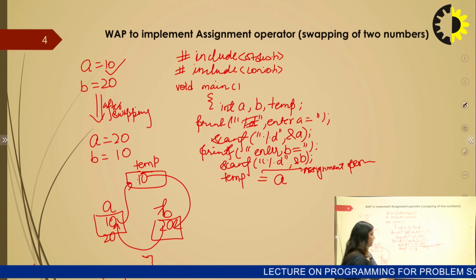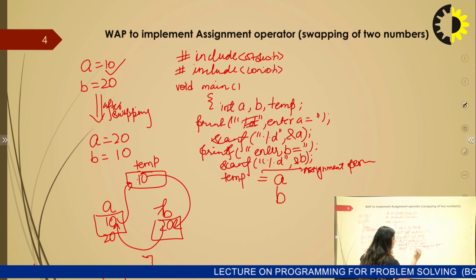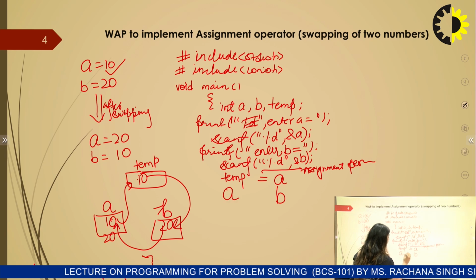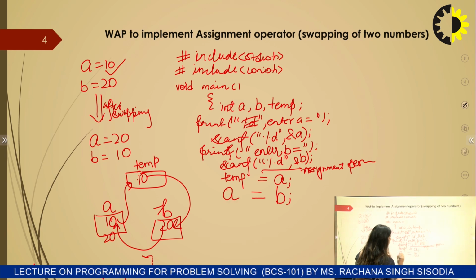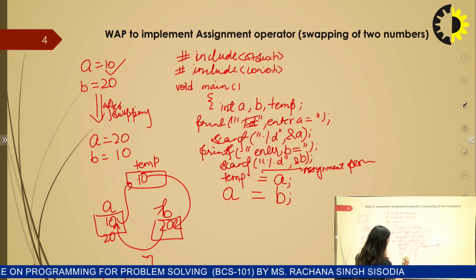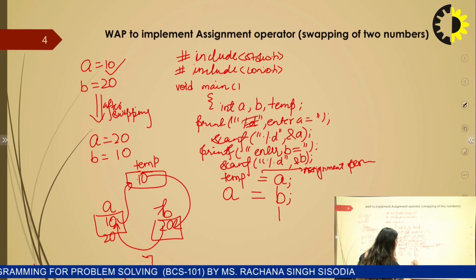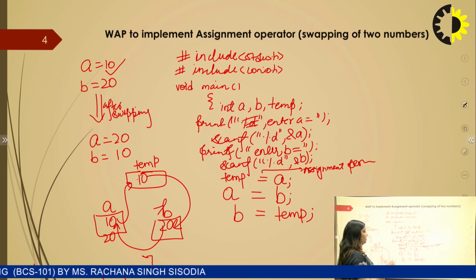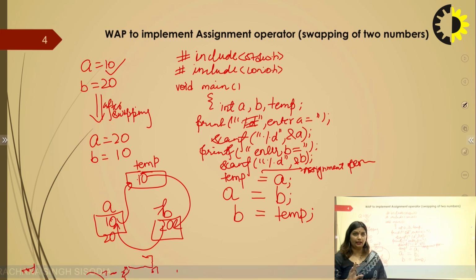Here we are using the assignment operator, which has right to left associativity. The value of a will be assigned to temp. Now the value of b will be assigned to a, and now the value at temp will be assigned to b. After assigning temp value to b, temp becomes free, and for both variables a and b, the values will be exchanged.